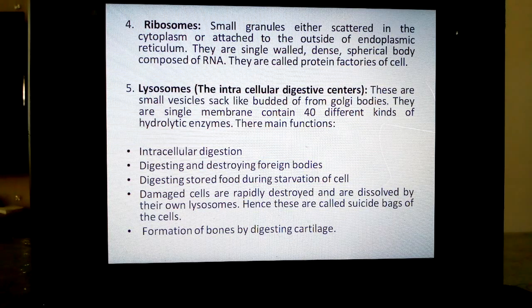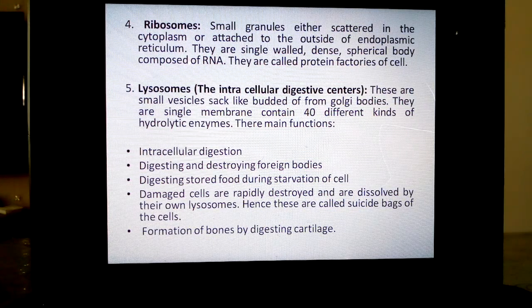What are the structures attached to the endoplasmic reticulum? Yes, they are ribosomes. They are single-walled, dense, spherical bodies composed of RNA. They are called protein factories of the cell. Why? Because their function is to synthesize the required proteins for the cells.